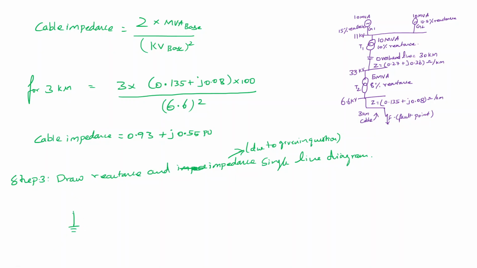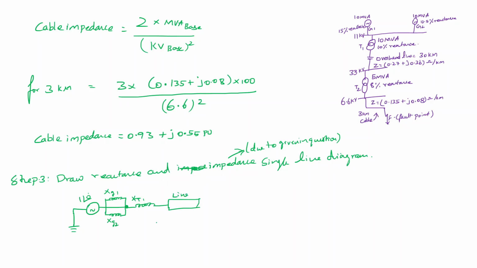I'll convert the generators to a single generator because both have angle 0, and then I'll have two reactances for the generators, and then a reactance for transformer T1. This is XT1, XG1, XG2, and then the impedance for the overhead line.